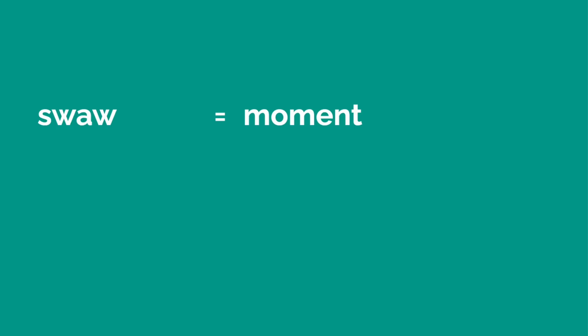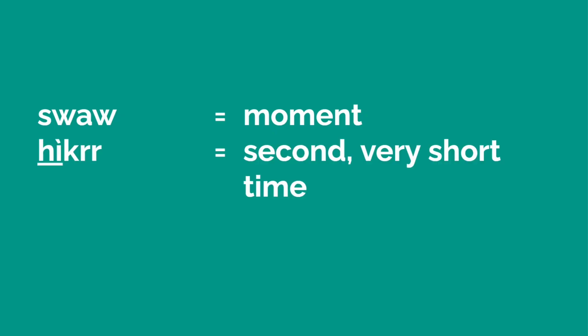So, now before we go on to the way of telling time, let's look at some last Na'vi words, so words that the Na'vi would use to describe time, namely some more words to describe very short times. We have swau, which is a moment. We have hekr, which is a second, or we would call it a second, but it's just a very short time. And we have yerin, which is an adverb and means soon.